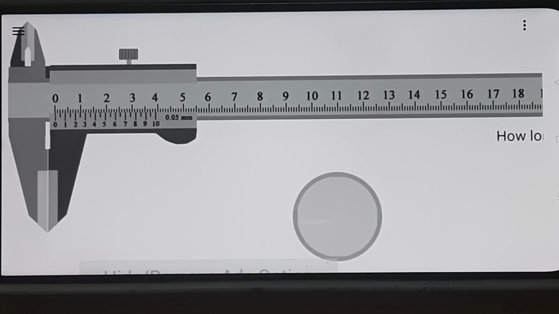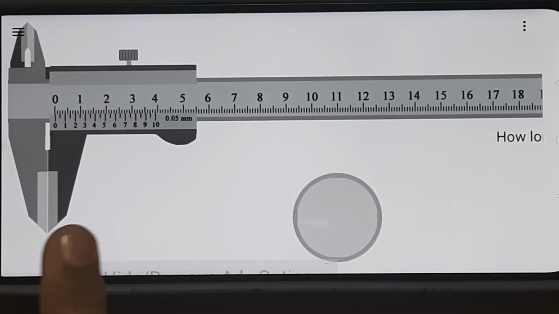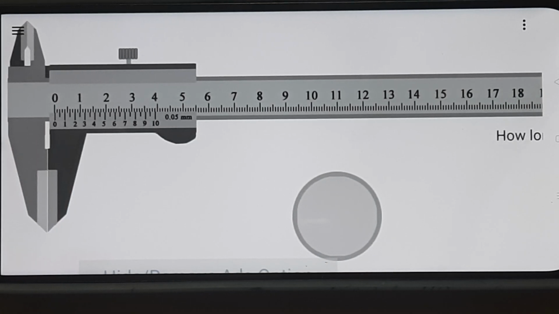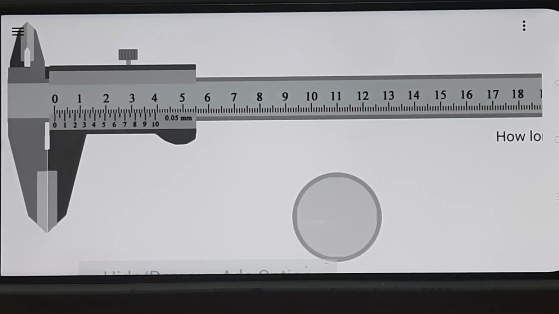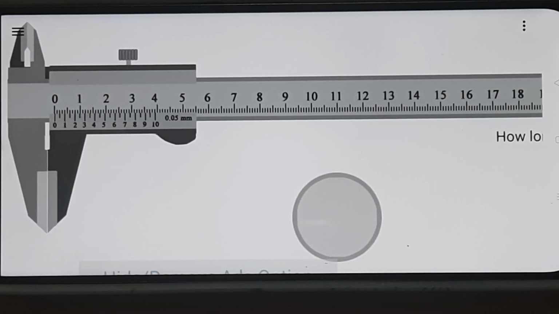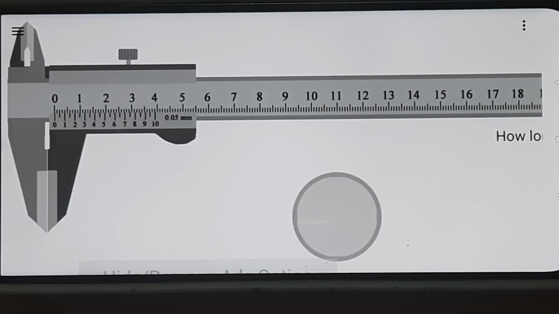Types of error are either having no zero error or having positive zero error or negative zero error. When there is no object between the two jaws, zero of the main scale coincides exactly with the zero of the Vernier scale. In this case, we don't have any error, but we have positive zero error and negative zero error. Let us see.